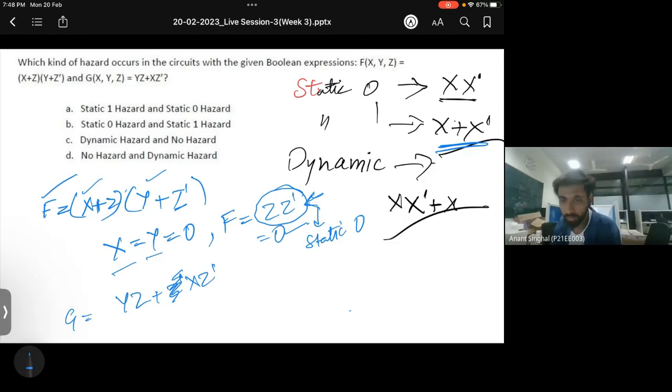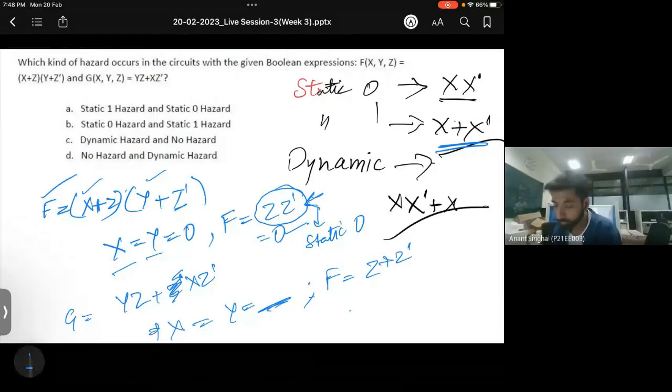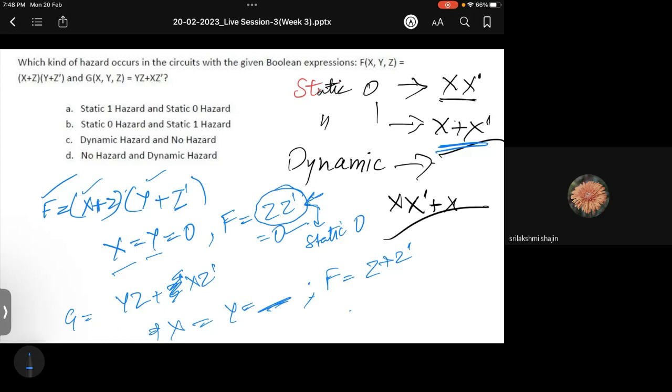Can anyone tell for what combination of x and y we can get expression maybe z plus z bar? Static one. Okay, someone is, can you repeat? Static one. Yeah.